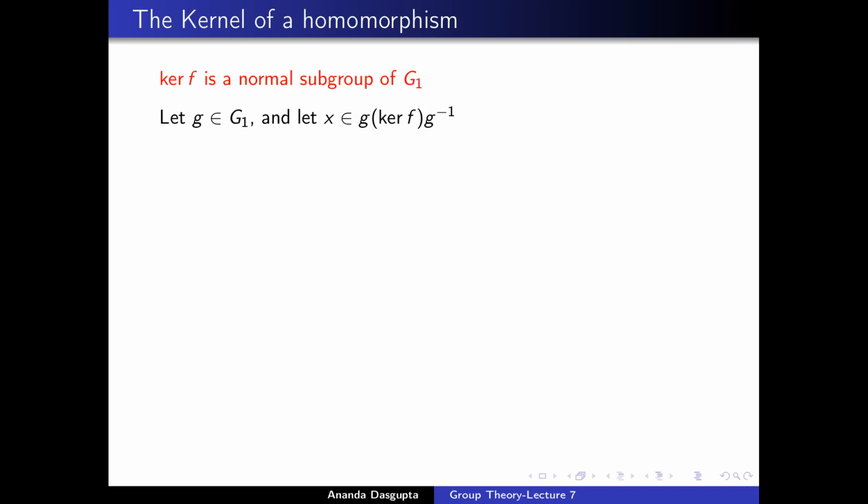How do you show that any element is in the kernel of a homomorphism? Well, simply map that element, and if it maps onto the identity of G2, then you are done.